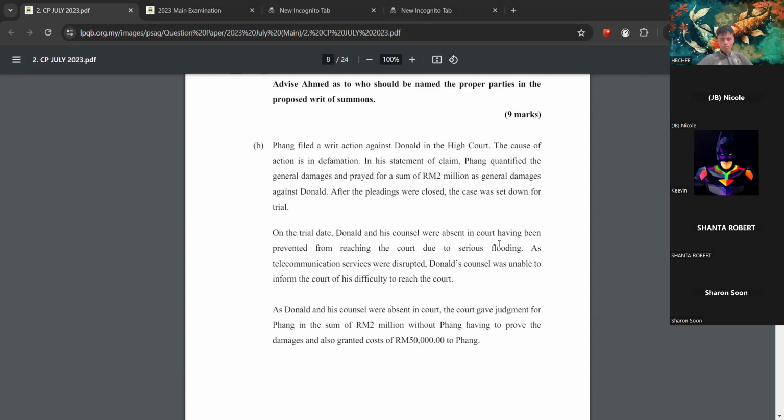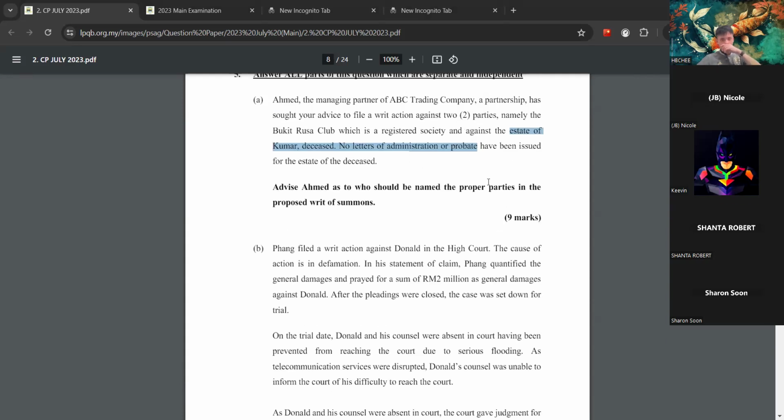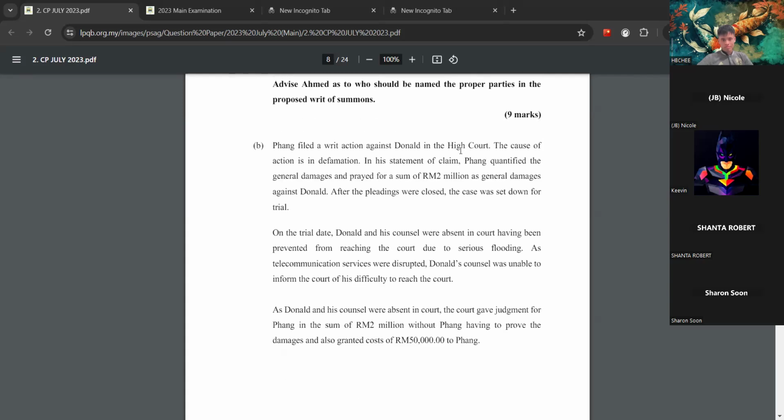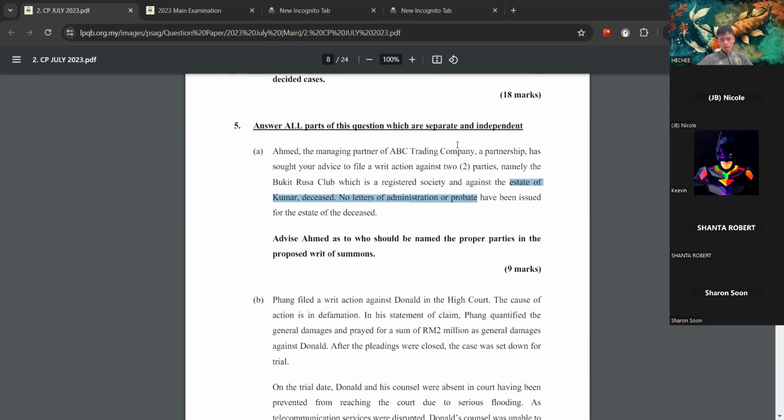So better that you use the name of the partnership to sue, unless the fact is different.